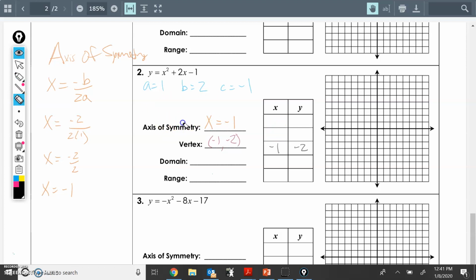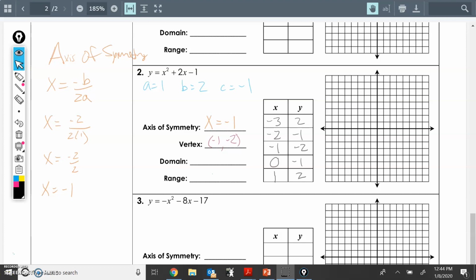Let's work with 0 and maybe 1. Let's also work with -2 and -3. Once I have these numbers, just nice small numbers, you're going to substitute each number in for the x and come out with an output. So input, output. Let's do that.